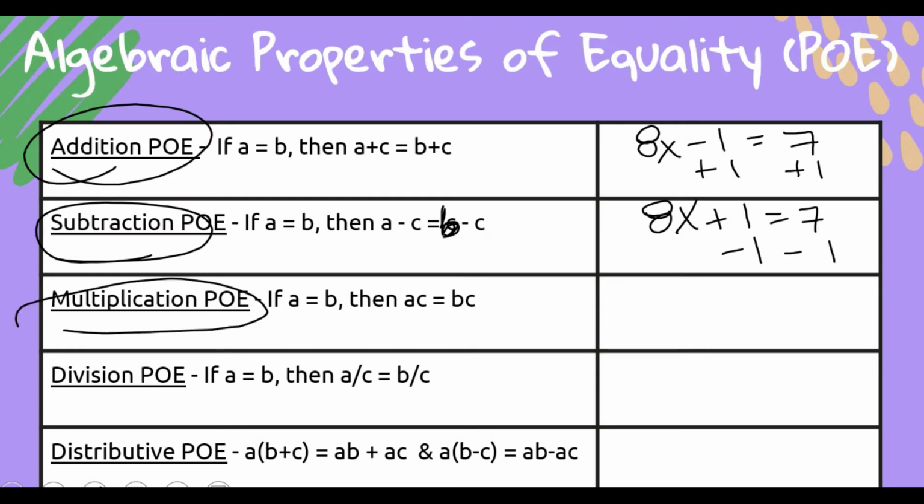The next one, multiplication, very similar to the others. It's saying if A equals B, then A times C equals B times C. So basically it's saying if we multiply on one side, we also have to multiply on the other side to maintain the balance. So you might see this in a problem that has, maybe, 1/2 times x equals 3.